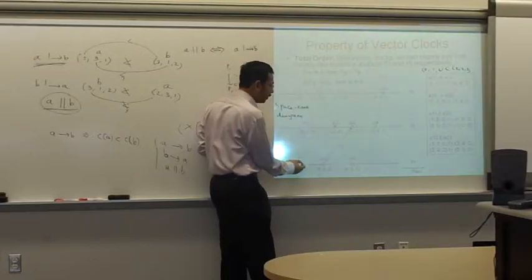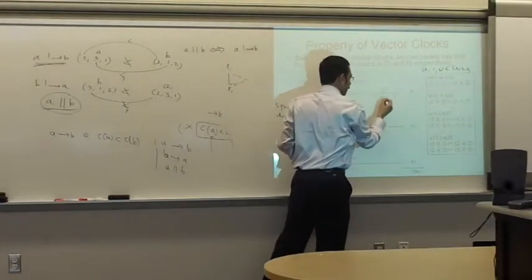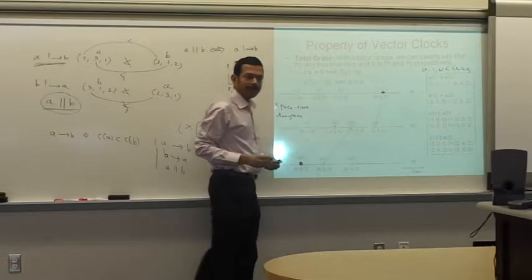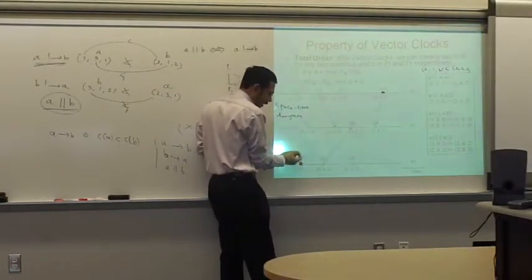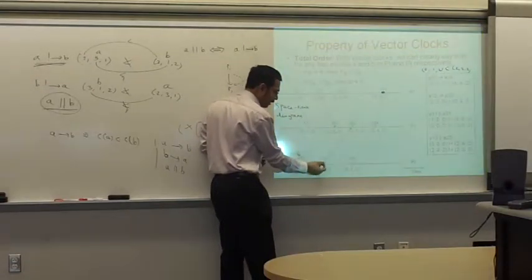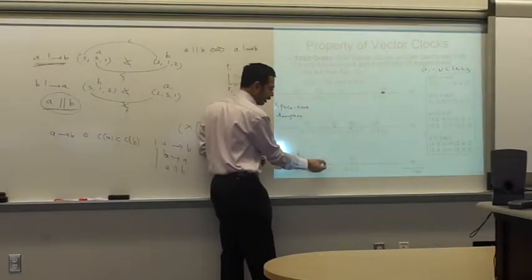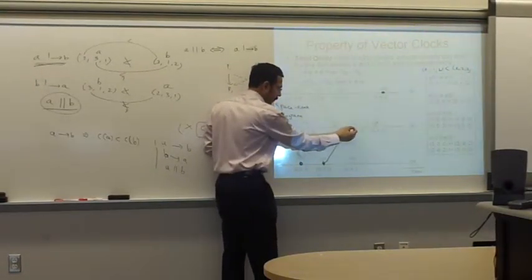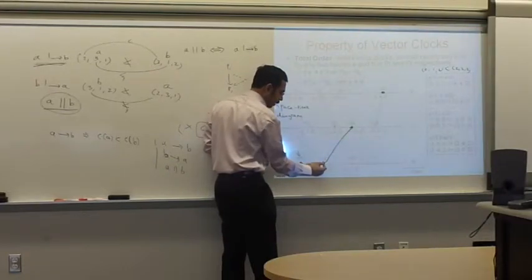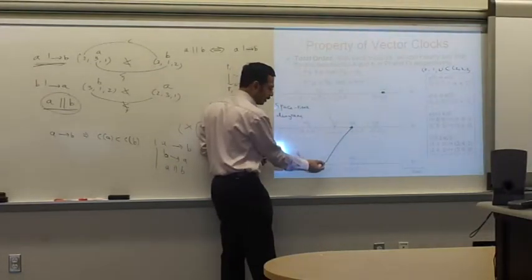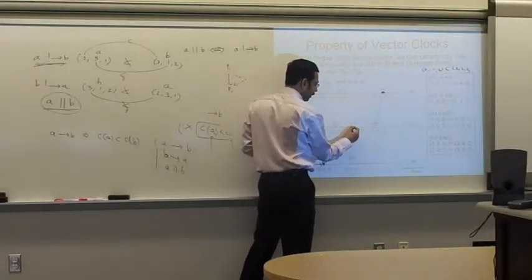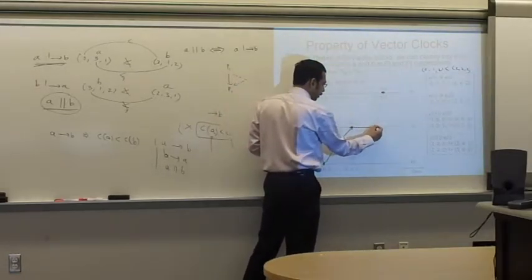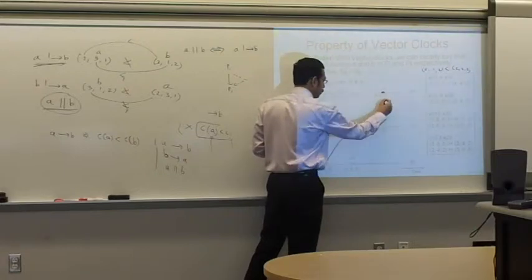This is the event E31, and this is the event E14. How can we say this happened before that? After this event happened, you send this message from process 3 to process 2, and after receiving this, you send a message from process 2 to process 1.